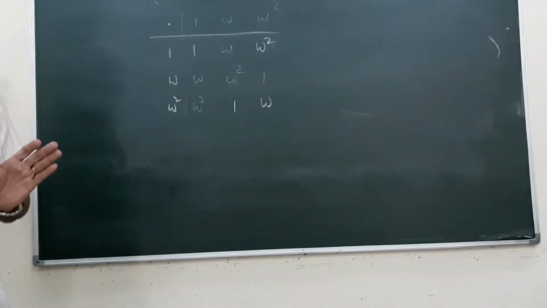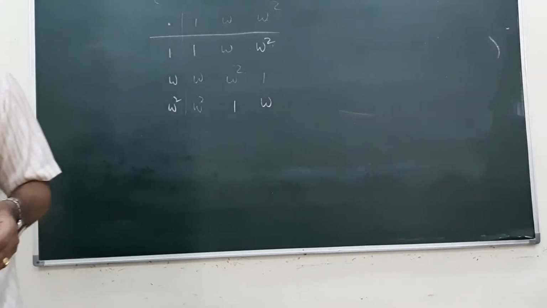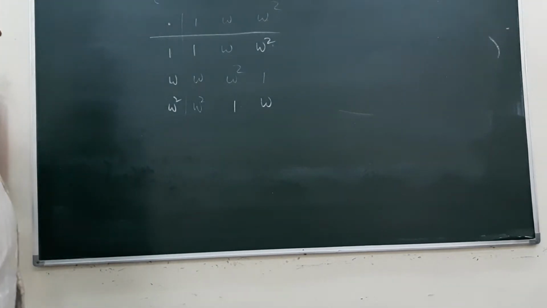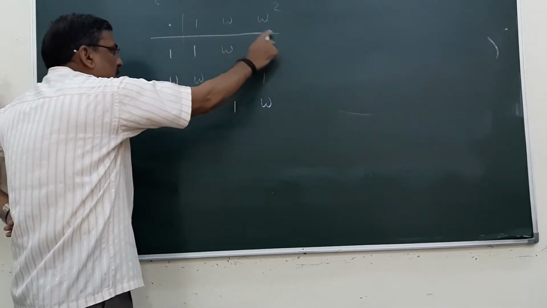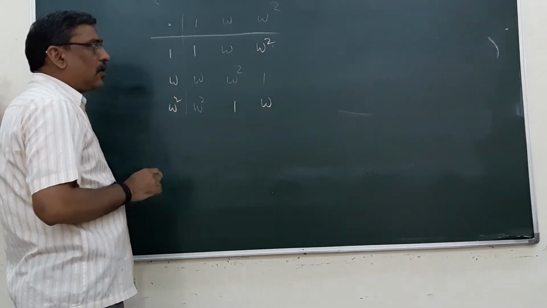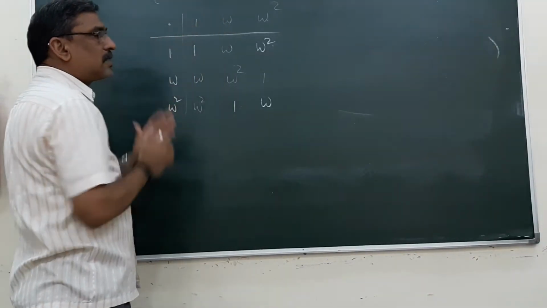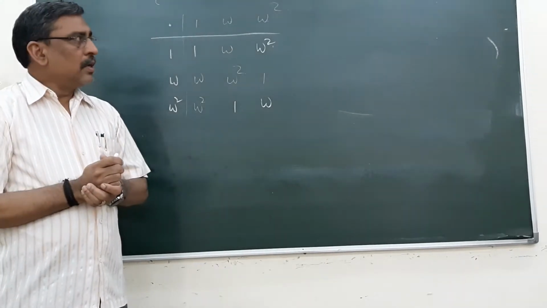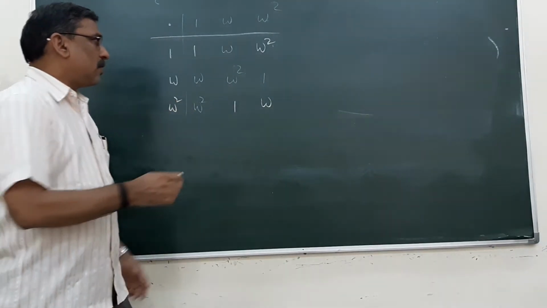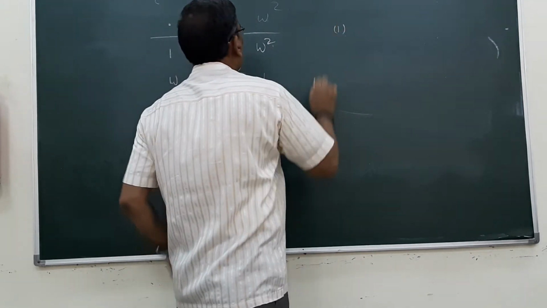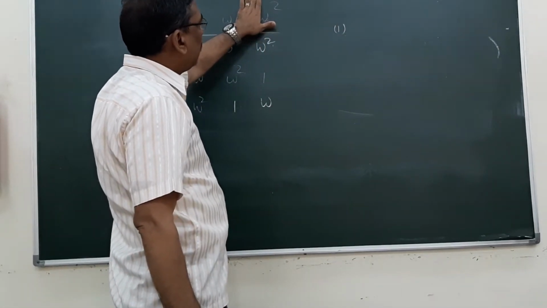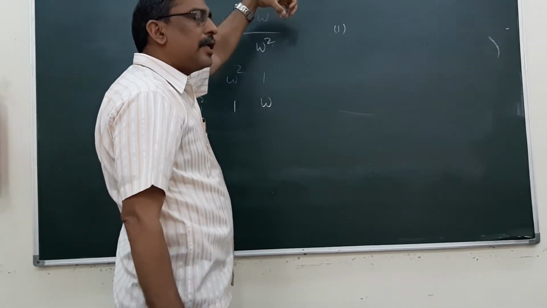This complete table gives the idea about the group. All the entries of this table belong to the set, so the closure property holds good. As I already told you, since this is a binary operation, the closure property is inbuilt.